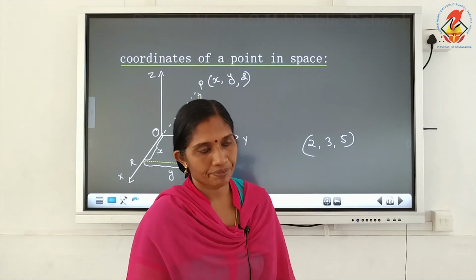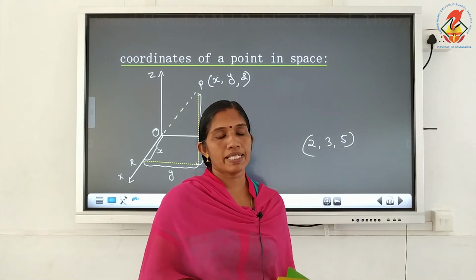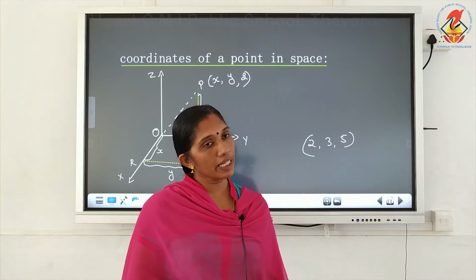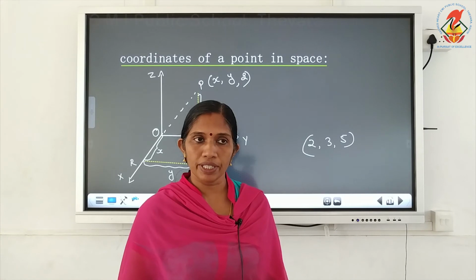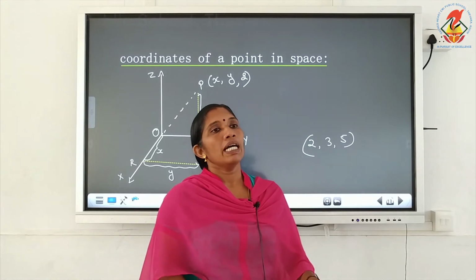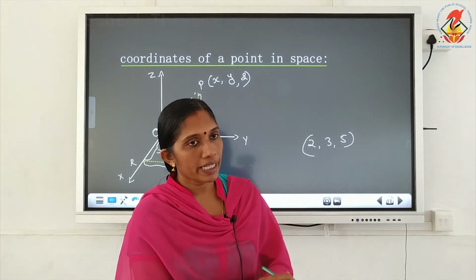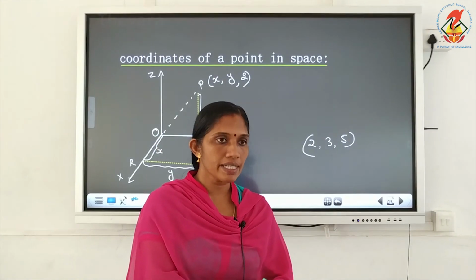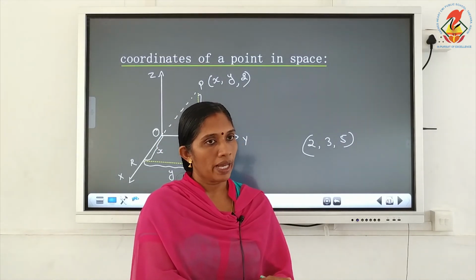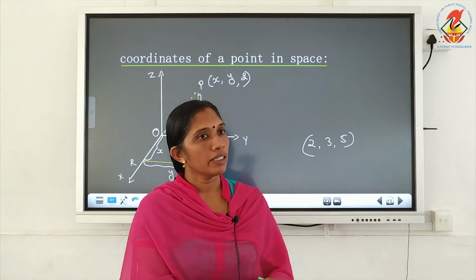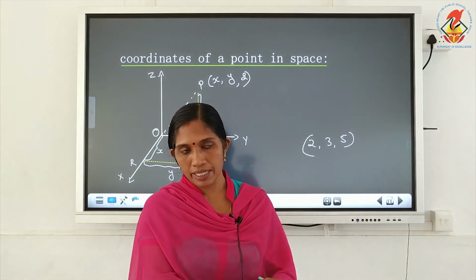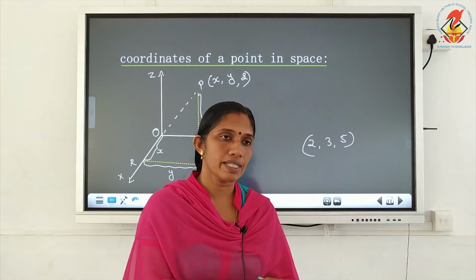Once again, in space, every point has 3 coordinates: x coordinate, y coordinate and z coordinate. Then we have coordinate axes, meaning 3 axes: X'OX, that is the x axis, then Y'OY, the y axis, and Z'OZ, that is the z axis.